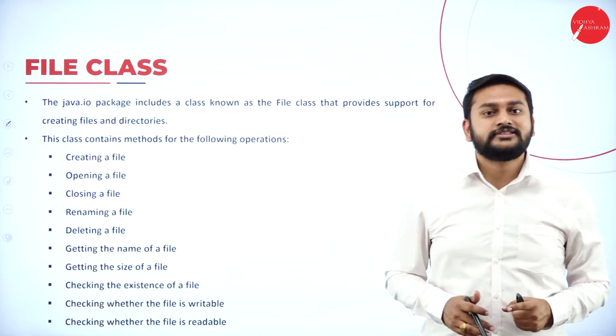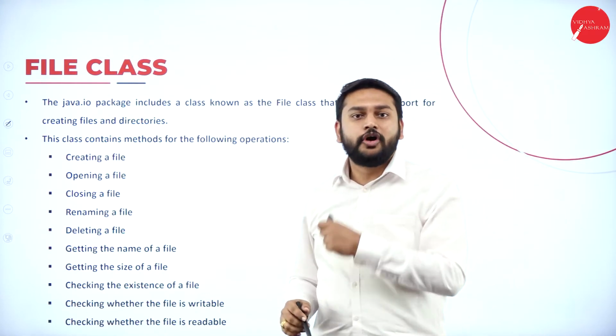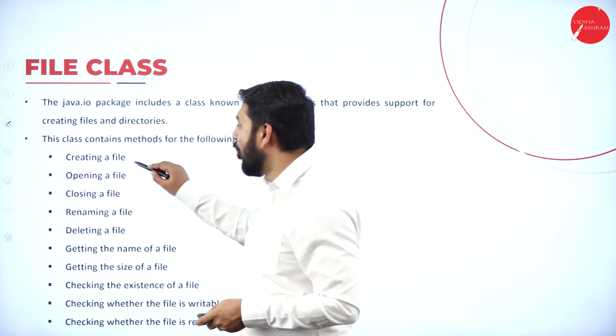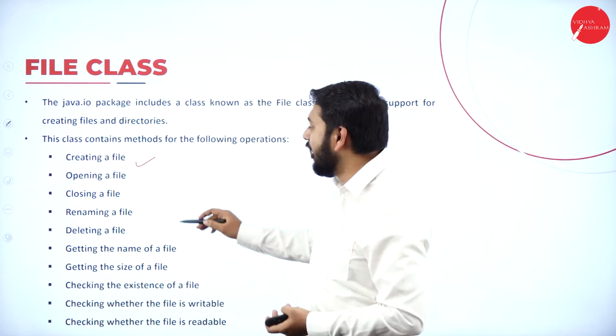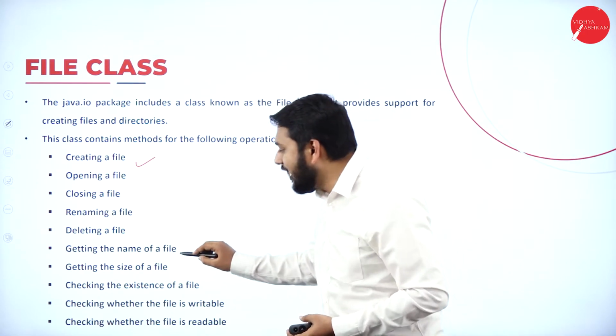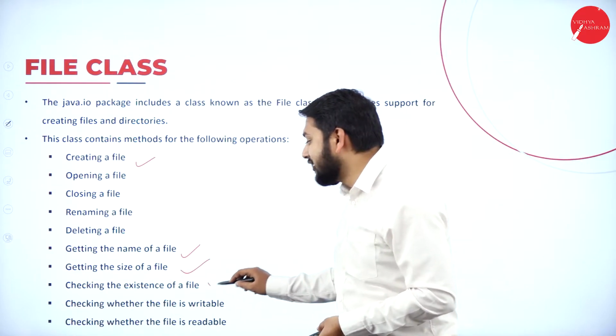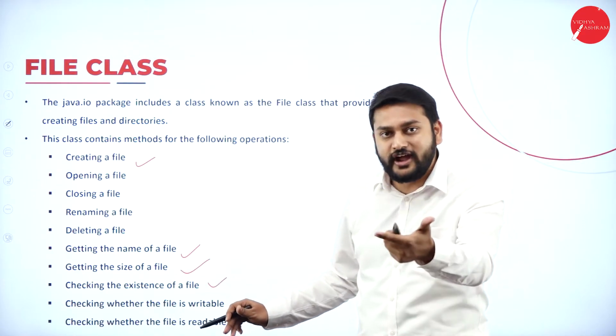What are the classes that I have under files? So please observe, I have a class to create a file, open a file, close a file, and also I can rename the file, delete the file, get the name of the file, get the size of the file, and check the existence of the file. Do I have the file or not?